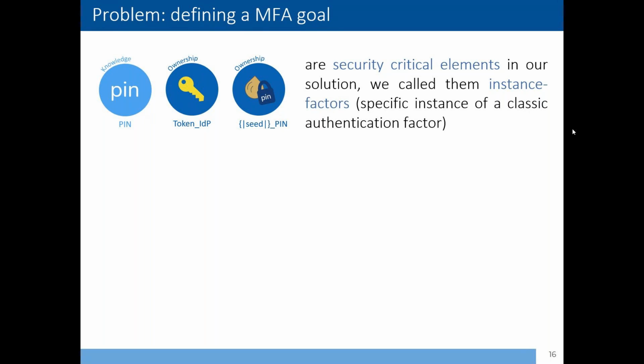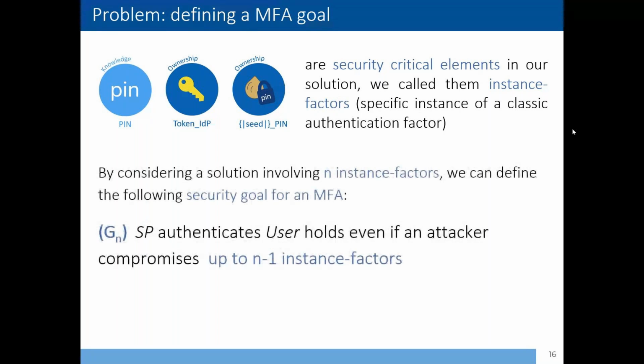Now, by generalizing this concept for a protocol with n instance factors, we can refine the security goal for a multi-factor authentication as follows. A service provider authenticates the user even if an attacker compromises up to n-1 instance factors.